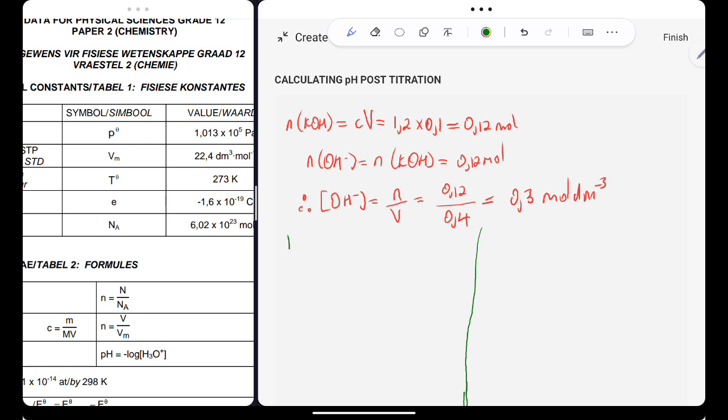Okay, I can simply find the pOH, negative log of the concentration of my hydroxide ion. Negative log of 0.6. What do I get? Why am I saying 0.6? Because it's 0.3.